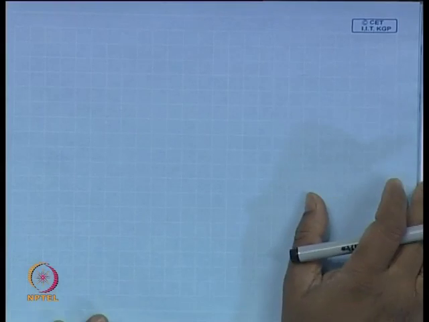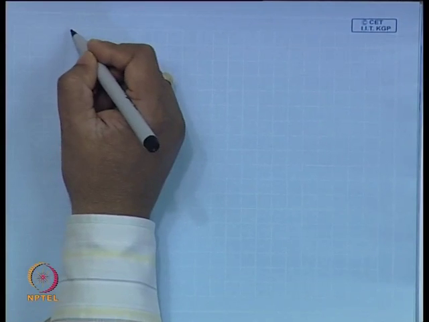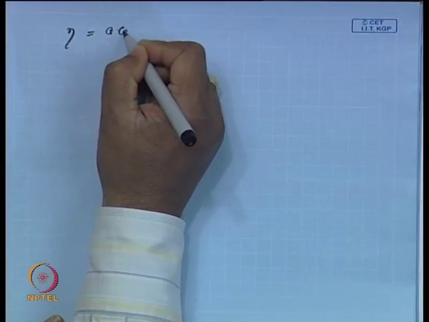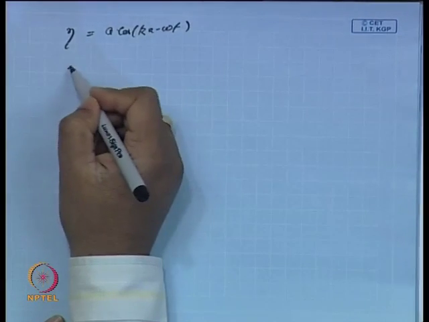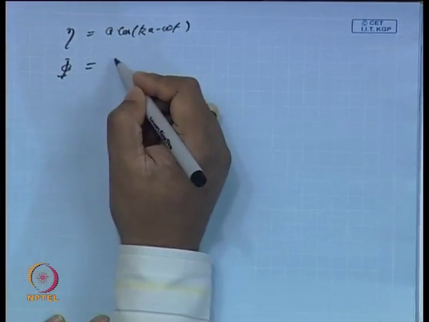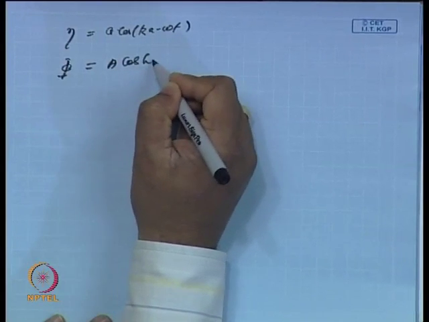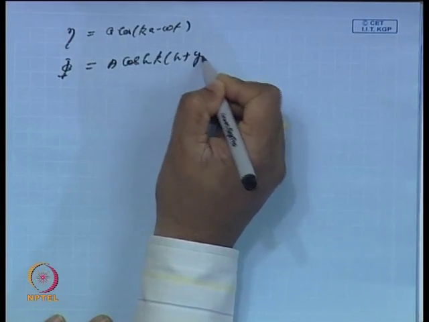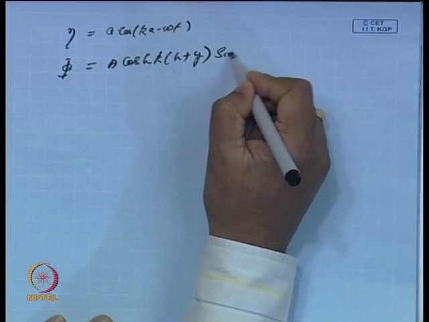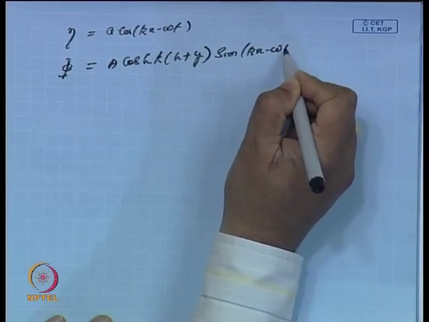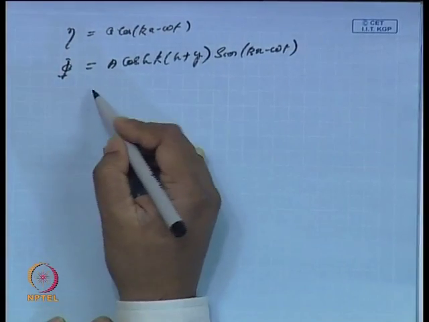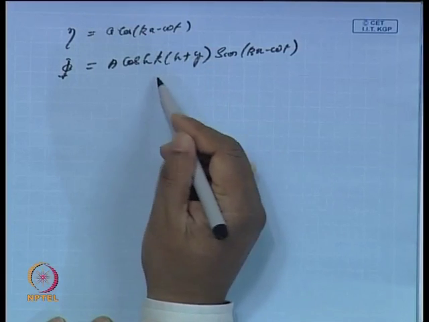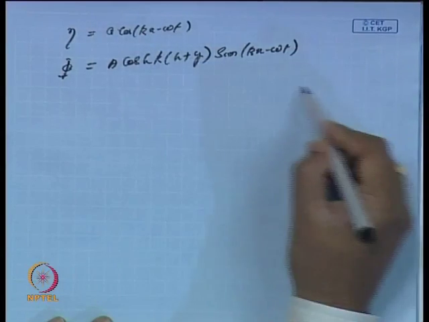Now, if I take this free surface boundary condition, suppose I have a wave eta is equal to a cos(kx minus omega t), and as we have seen, in that case there will be a phi of this form. If you substitute this phi, where phi satisfies the Laplace equation, it will satisfy it if it also satisfies the bottom boundary condition.